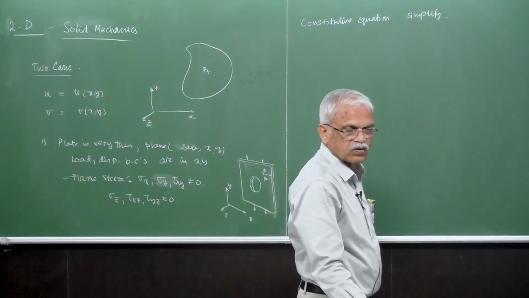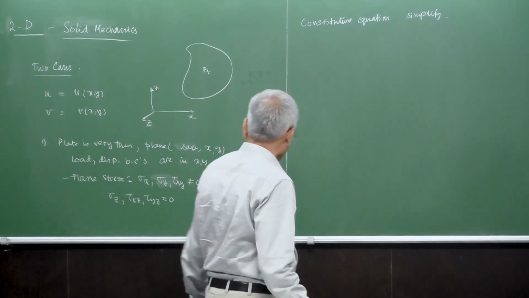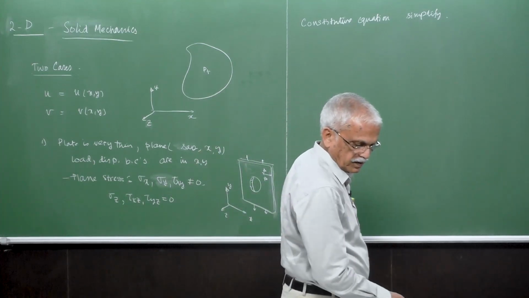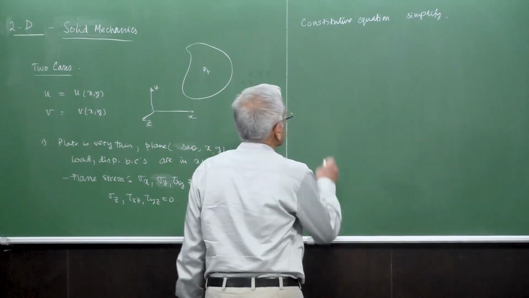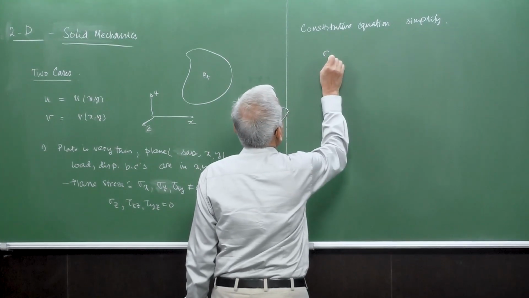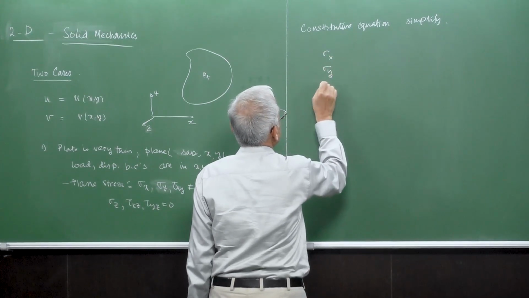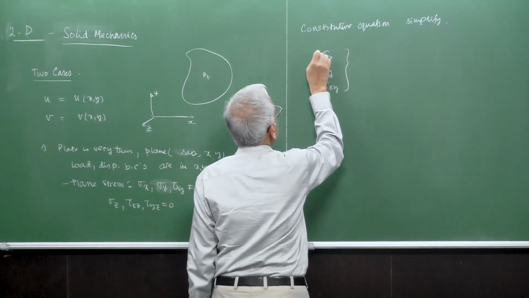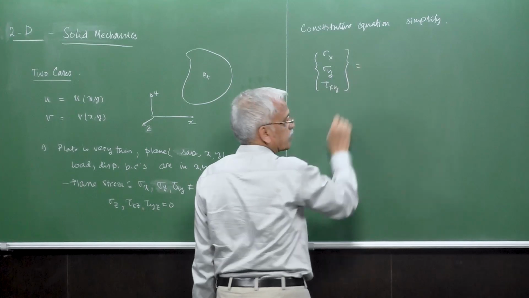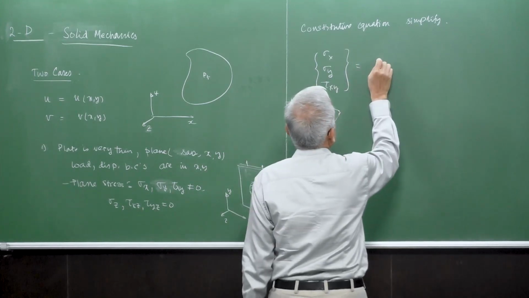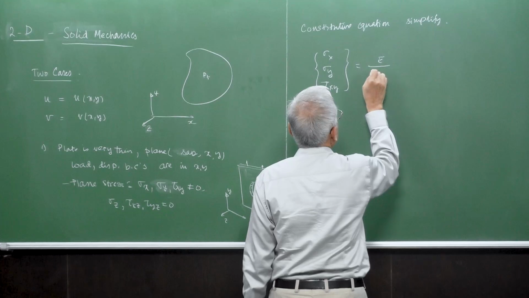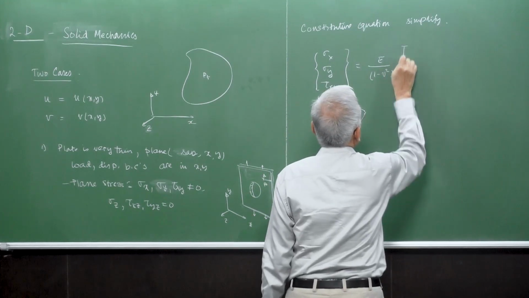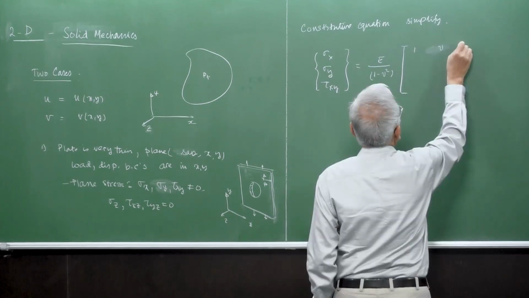Out of those 6 relationships, you put down these conditions, and you can extract only the 3 stress components, sigma x, sigma y, tau x y.